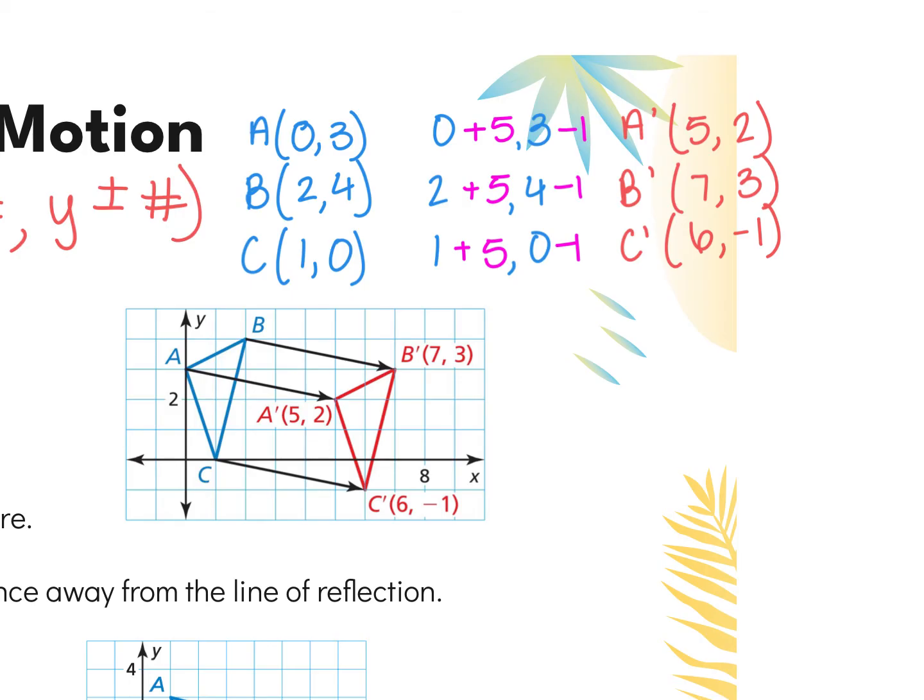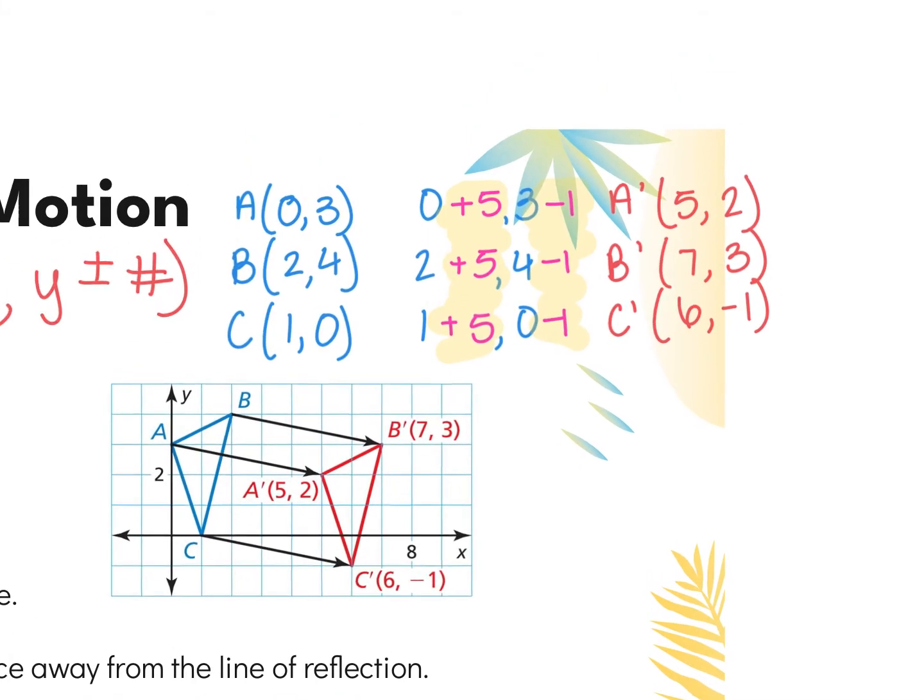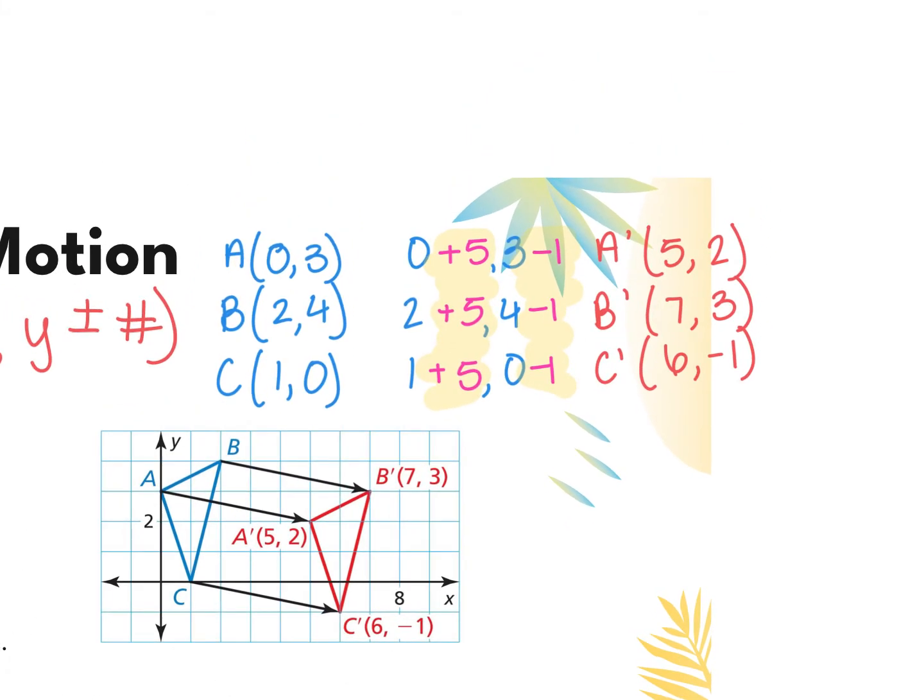Yes, so that means this is my rule. X plus 5, Y minus 1. That's my rule. So my rule for this one, okay, I'm starting at X and Y. My rule would be X plus 5, Y minus 1.